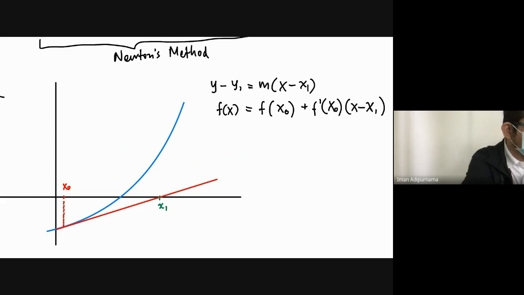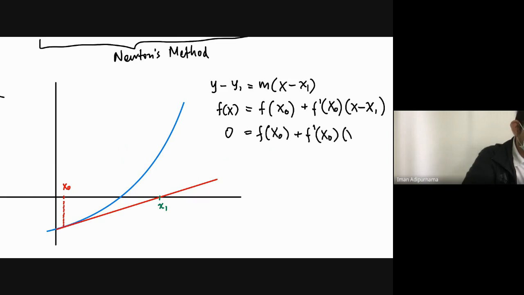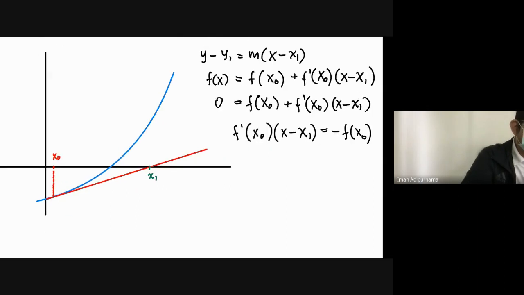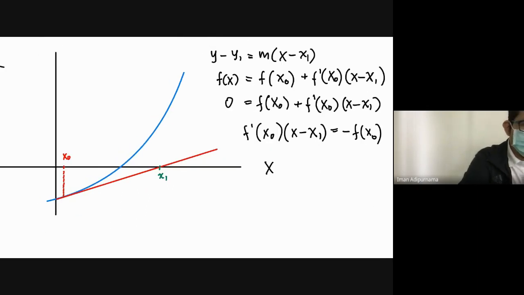So when f of x is 0, this is what we are going to have. Oh, sorry.